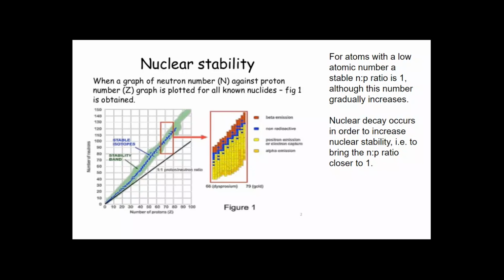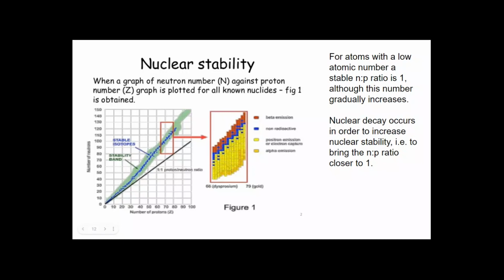So in a graph of the neutron number against proton number, the graph is plotted for all known nuclides. This is N equals P, a straight line. For low atomic numbers, a stable neutron-to-proton ratio is almost equal to 1.